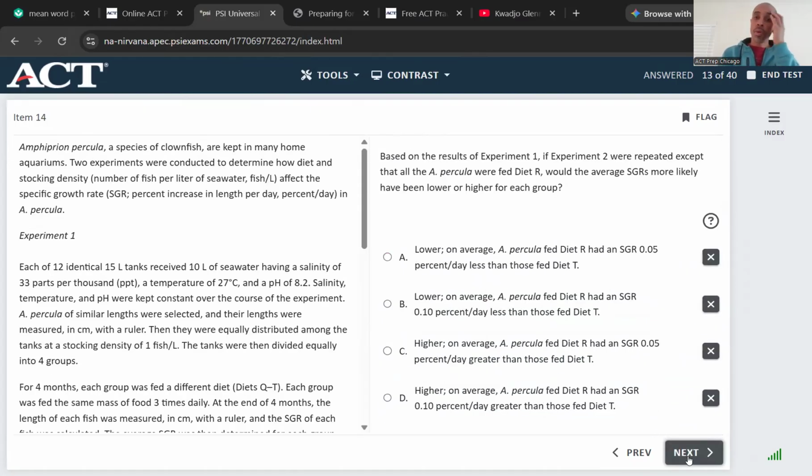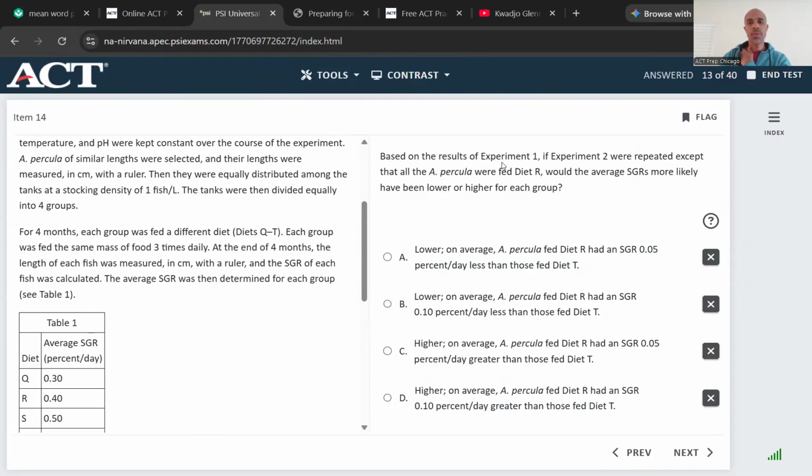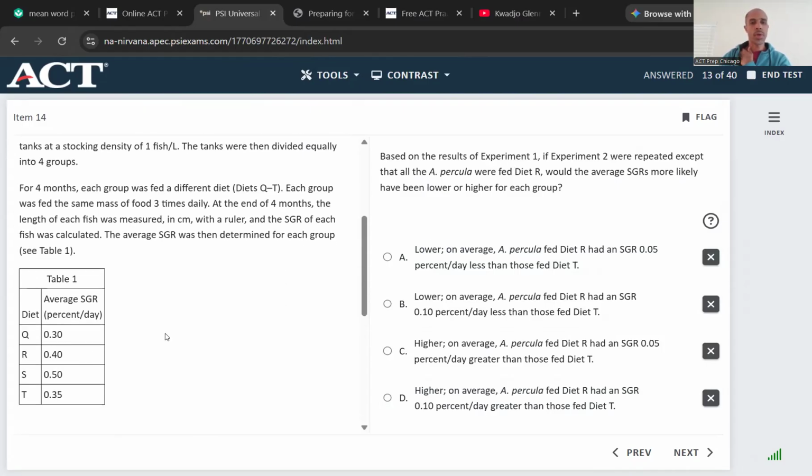Based on the results of experiment one, if experiment two were repeated, except that all the A per cooler were fed diet R, would the average SGRs more likely have been lower or higher for each group? Based on the results of experiment one. Here's experiment one.